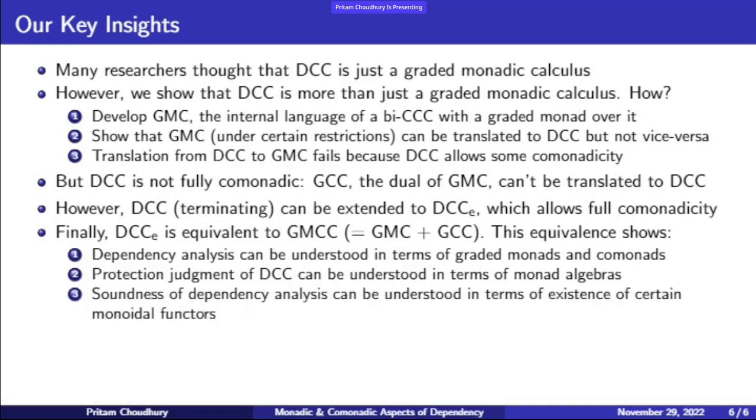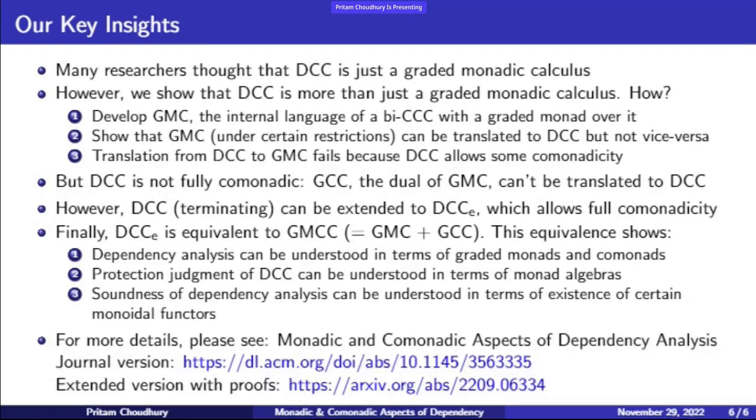And third, it shows that soundness of dependency analysis can be understood in terms of existence of certain monoidal functors. So these insights tell us something more about dependency analysis, relate it to standard categorical concepts, and give us new insights. If you want to know more, you can look at the paper.